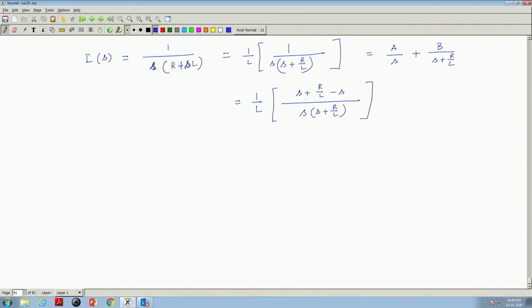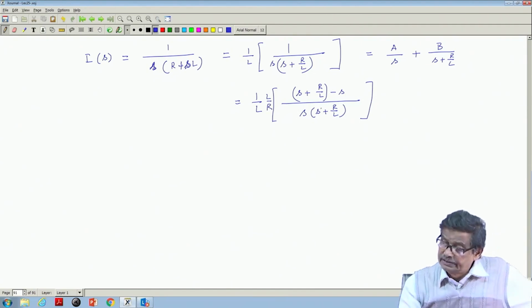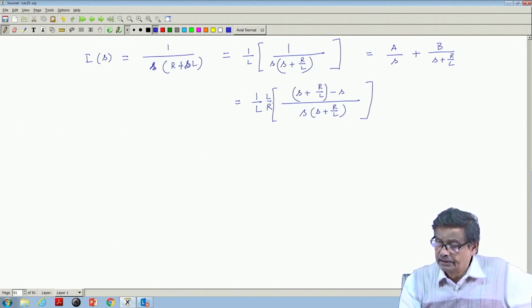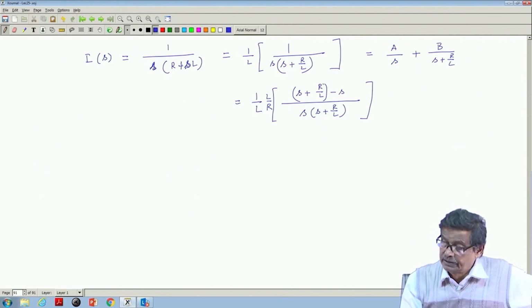So, you do it like this, and then there is no R by L also on the top. So, multiply this thing with L by R, got the point. So, this and this are one and the same. If you just manipulate this, S goes, R by L multiplied with L by R will give rise to 0 here, got the point.